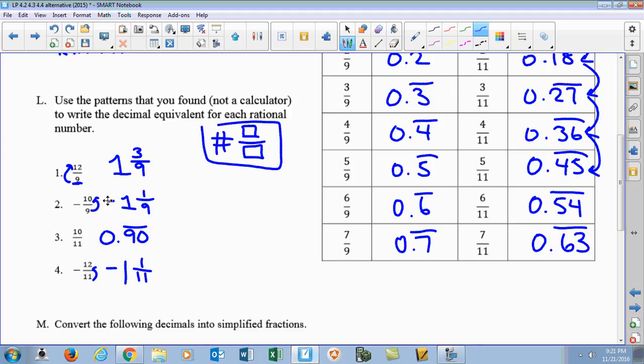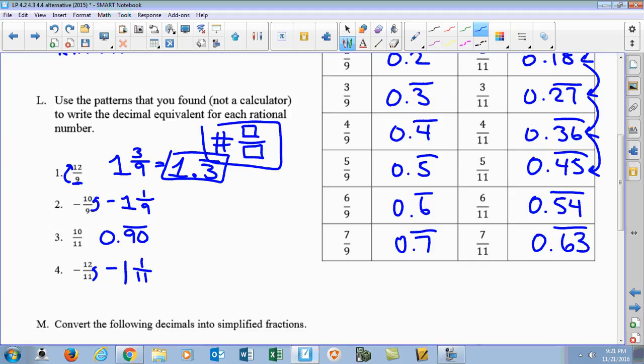Now if I go ahead and do these fractions, the 1, the whole number, is in the 1's position. And then 3/9 is just 0.3 repeating. So 1 and 3/9 is the decimal 1.3 repeating. If I do negative 1 and 1/9, if you look at the 1/9 up in the table, it's 0.1 repeating.